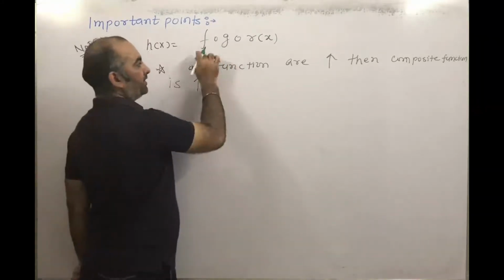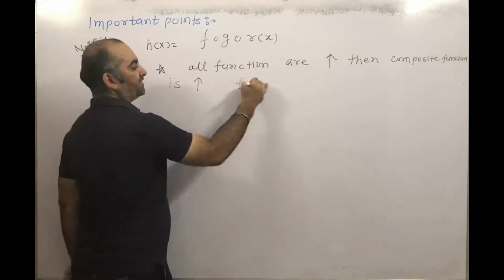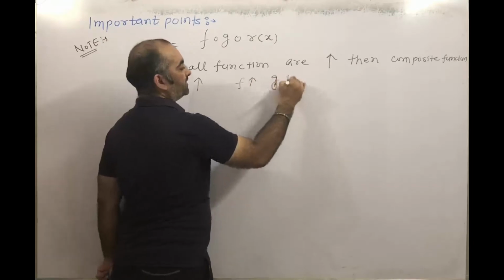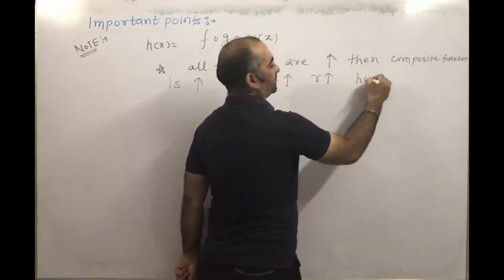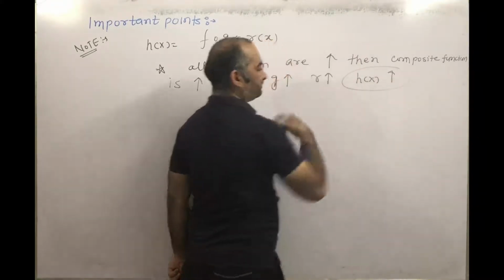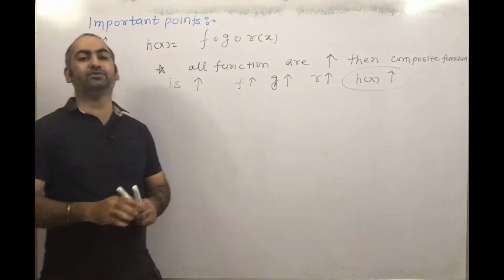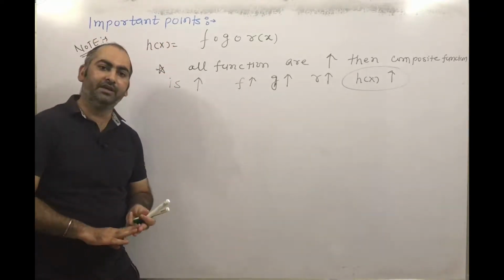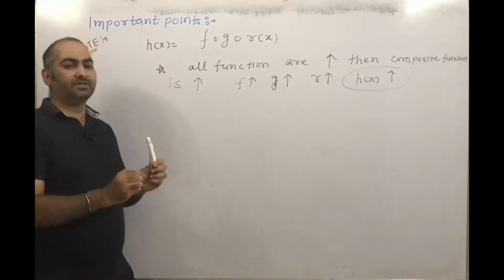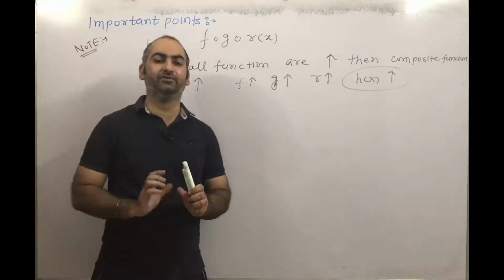So suppose f, g, r are present: f is increasing, g is increasing, and r is increasing. Then we can say h of x is increasing. But in other cases we have to check, if all the functions are decreasing, or some functions are increasing and some are decreasing.